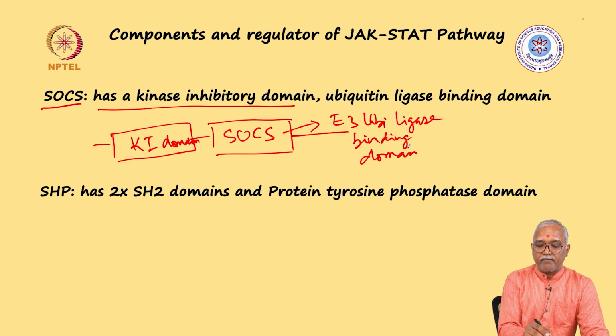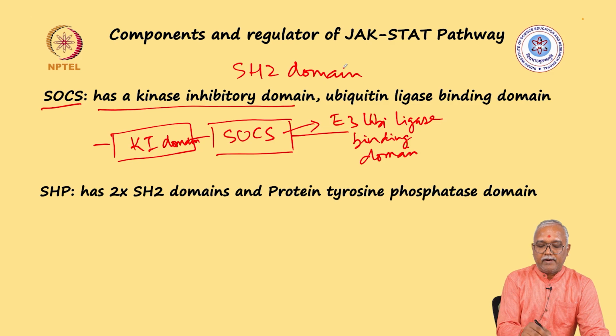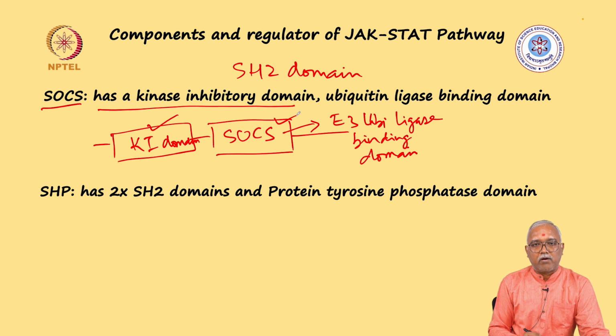So it has the SH2 domain also. So it can bind to the receptor and ensure that the kinase activity is inhibited, and if required, the other molecules, or the JAK or the receptor itself, undergo degradation by the ubiquitination process.